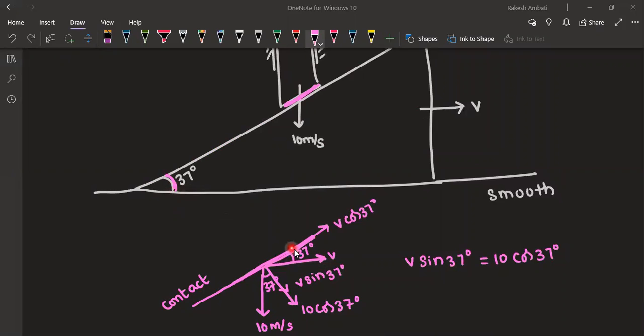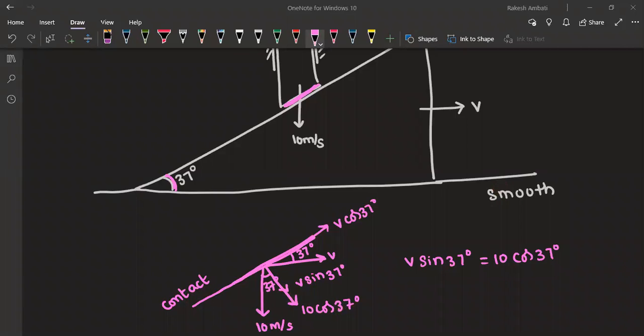Resolving V into components, one is V cos 37 and the other is V sin 37. In the normal, the velocity components must be the same, so V sin 37 must equal 10 cos 37. Simplify and find the value of V.